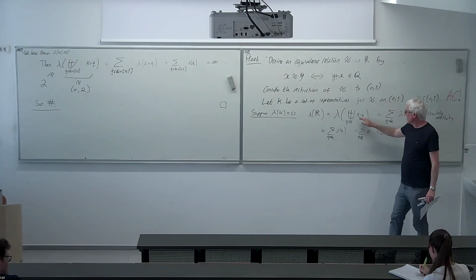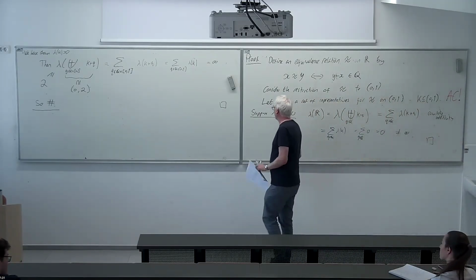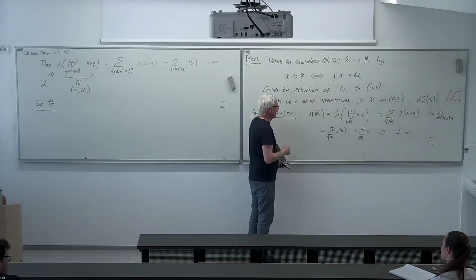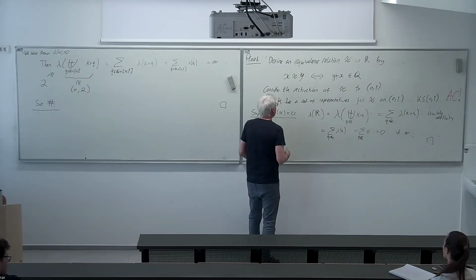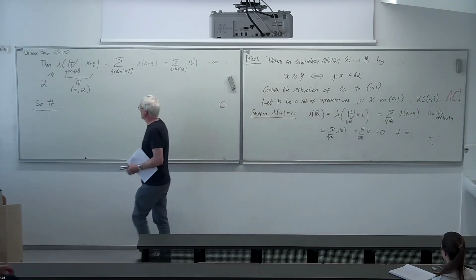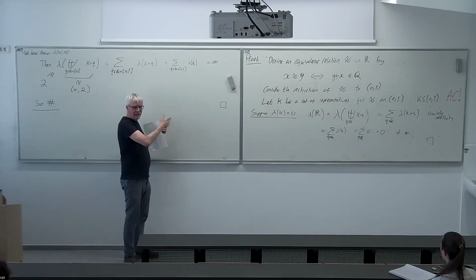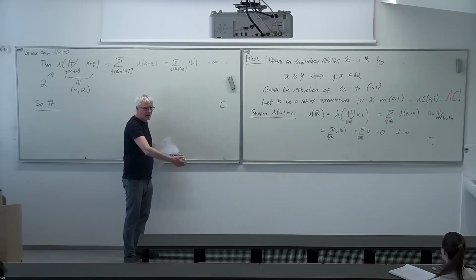K is so diffuse that between the interval 0, 1 and 0, 2, you can fit countably many disjoint copies of K. So if it has weight 0, then you don't get any mass for the whole interval, and that would be wrong.